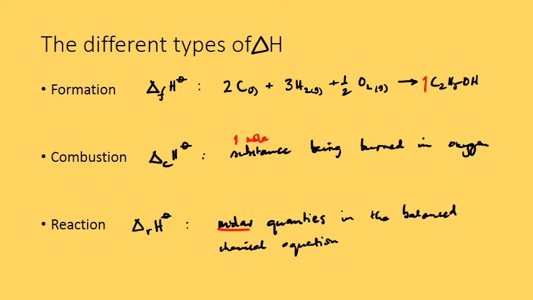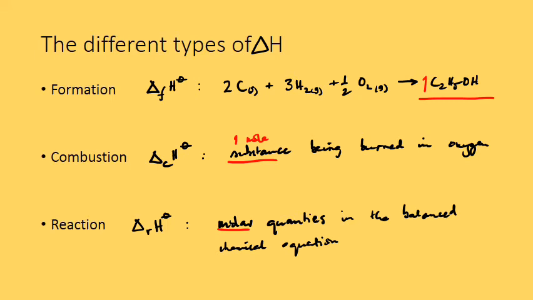So for the enthalpy change of formation, you're going to have to say that it's 1 mole of product formed, whereas for the enthalpy change of combustion, the first mark is for stating that it's 1 mole of the substance being burned, and the same first mark if you're being asked for the enthalpy change of reaction is to mention that it's a reaction involving the molar quantities in the balanced chemical equation. So that's the first mark that you have to get.